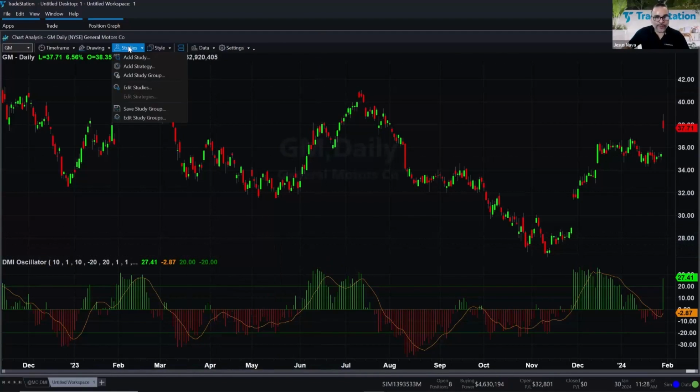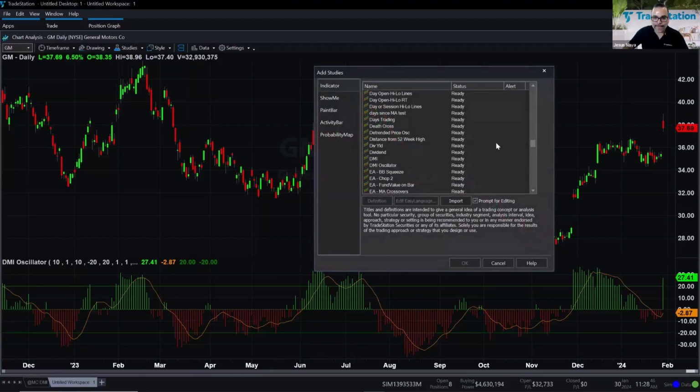When you import the studies, that study becomes part of the list of studies of your TradeStation. I can click on Studies, Add Studies, and go to the name of the indicator, which by the way starts with an @ symbol and the letters MC for Masterclass. So look for @MC, so that we know that those indicators came from Masterclass.